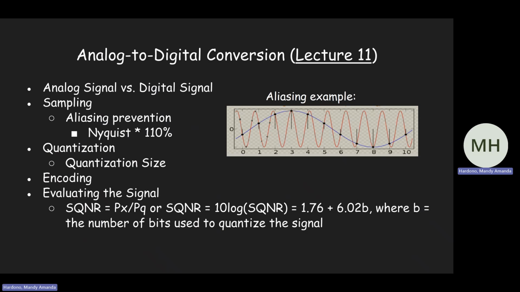A good way to do that is to take that and multiply it by 110%. So let's say your highest frequency is 50 kilohertz, and you're going to multiply it by 2.